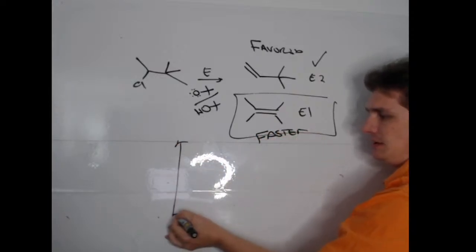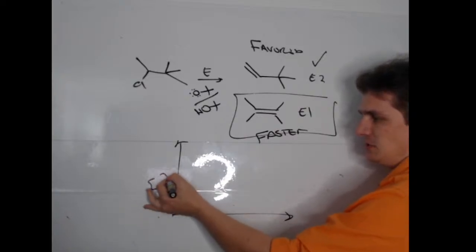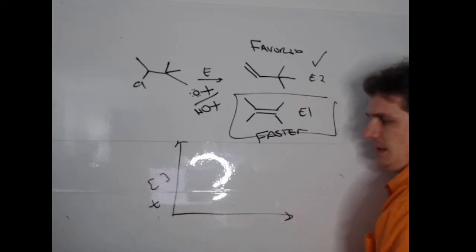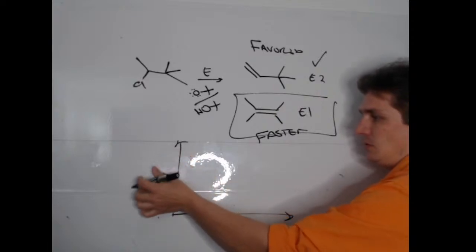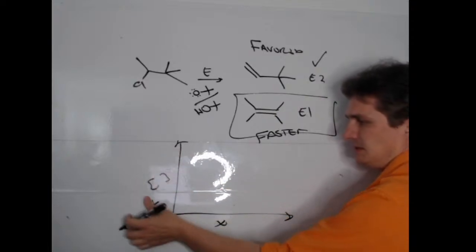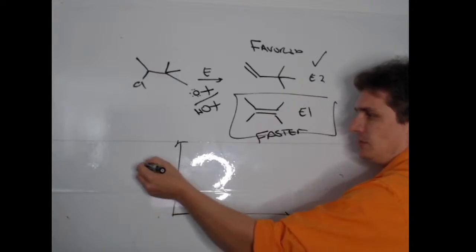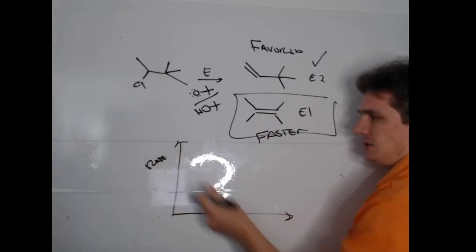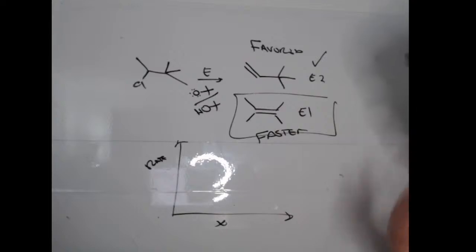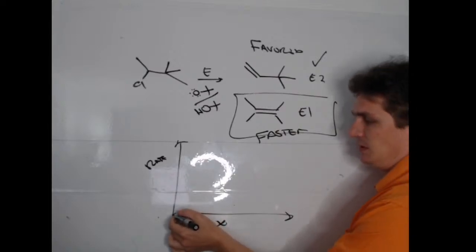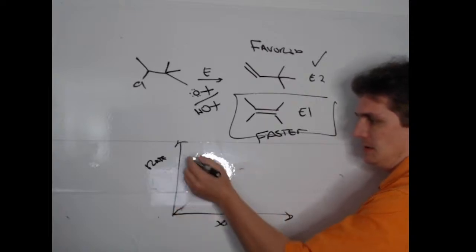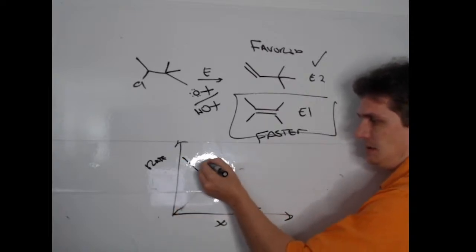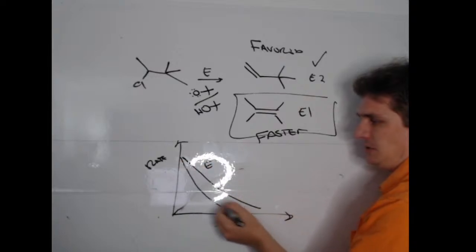If you take a plot of concentration versus time, with time down here, and look at the rate of reaction, the rate for E1, got that one backwards, is higher than the rate for E2.